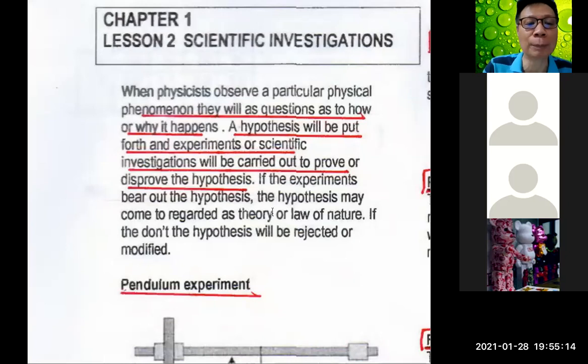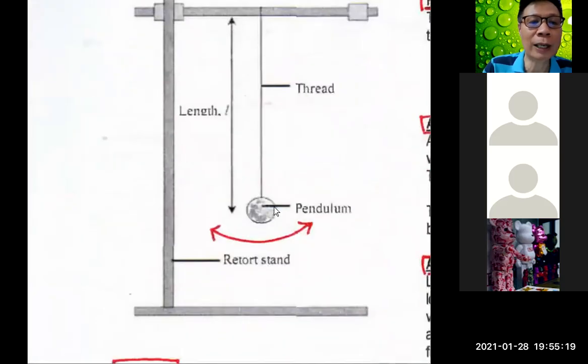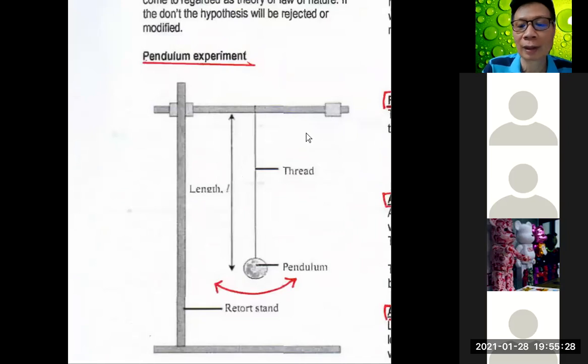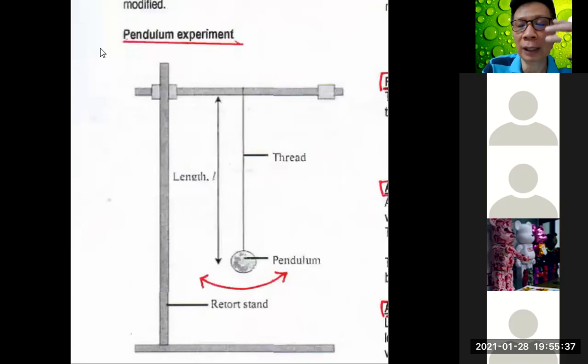In your syllabus, this will be your first experiment. All the schools in Malaysia, Form 4, everybody has to study this experiment. It is very basic, very simple, but the most important thing you learn is how to write an experiment report, how to plot a graph, how to analyze data. That is the key point of carrying out the first experiment.